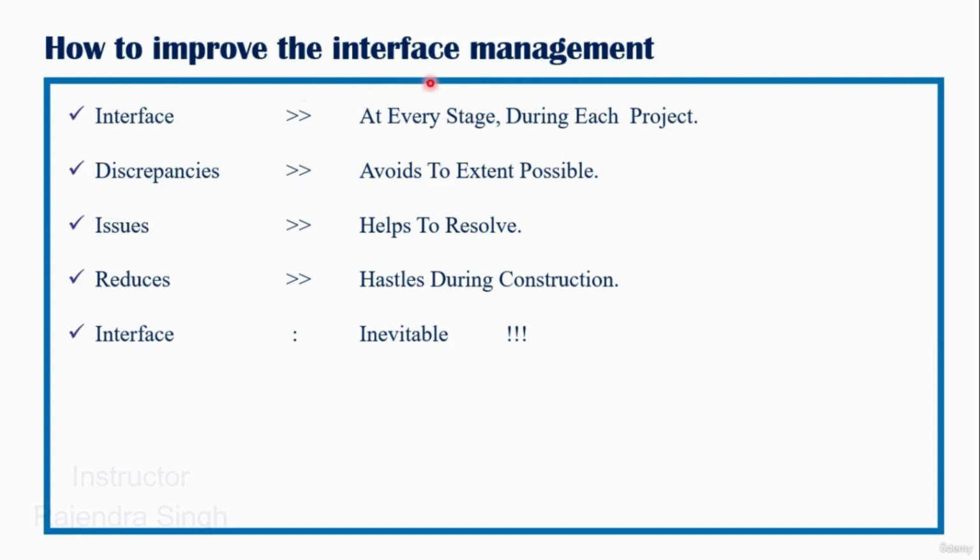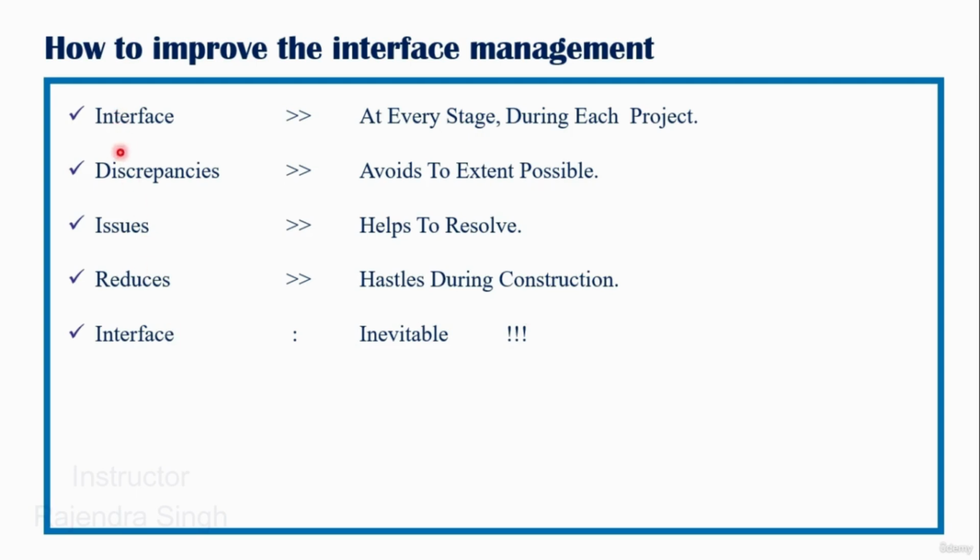How to improve interface management? Interfaces at every stage during each project, discrepancies avoided as much as possible, issues resolved at the earliest, reduces hassles during construction. Interface is inevitable; that is the right word we were trying to discuss, because without interface, engineering cannot be possible.